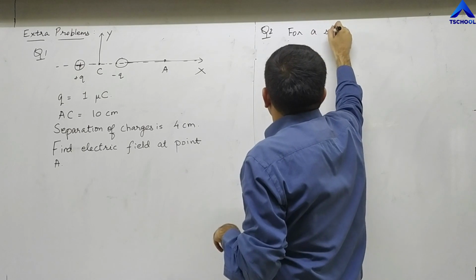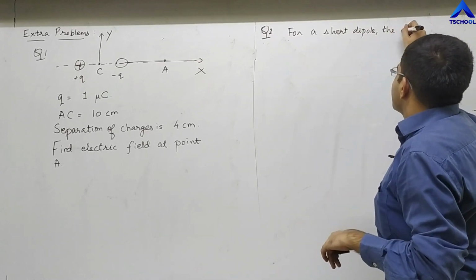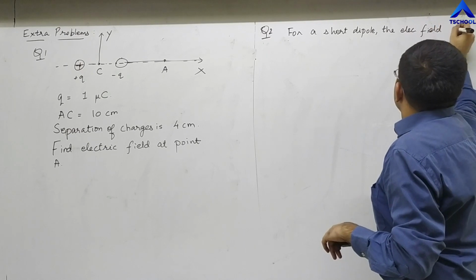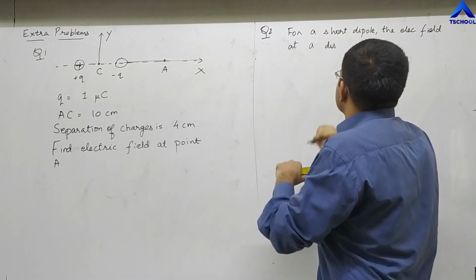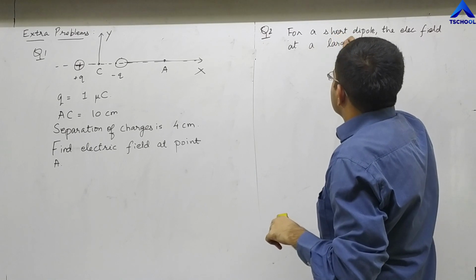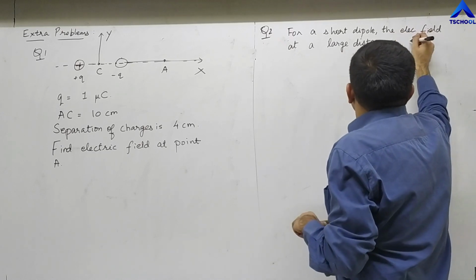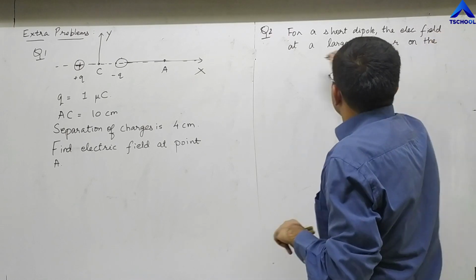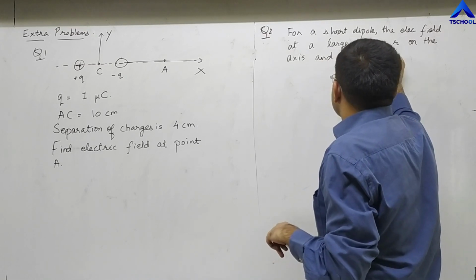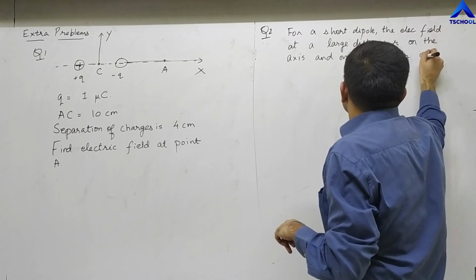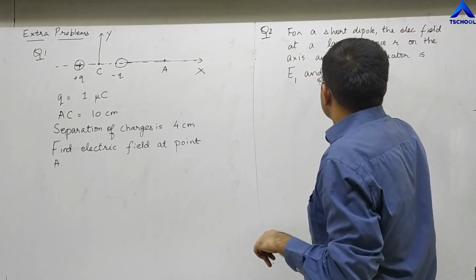For a short dipole, the electric field at a large distance r, on the axis and on the equator, is E1 and E2 respectively.